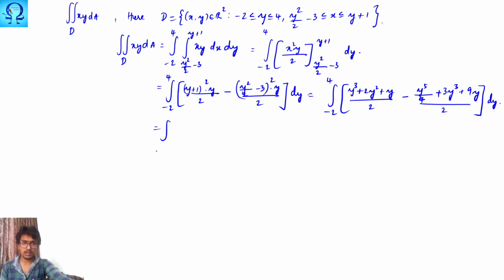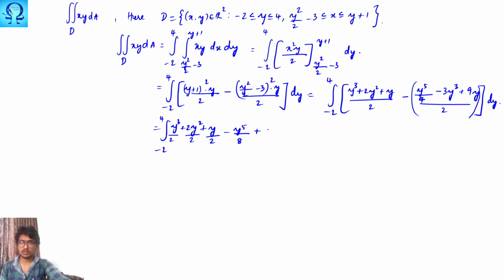So it is integral from -2 to 4 of y cube plus 2y squared plus y upon 2, minus y power 5 upon 8, actually when you write this way, you would have minus here and plus here, yes.